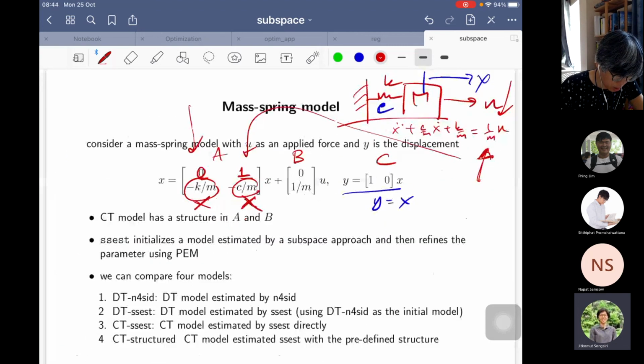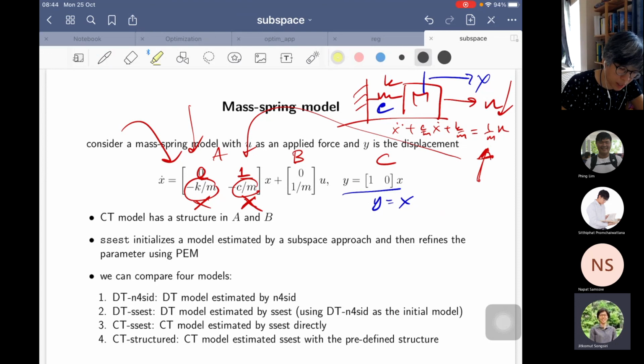So the goal is, of course, you can estimate the model without assuming anything about the structure. The second option is to estimate the model so that A, B, and C have this structure. So I consider 4 choices of the models.